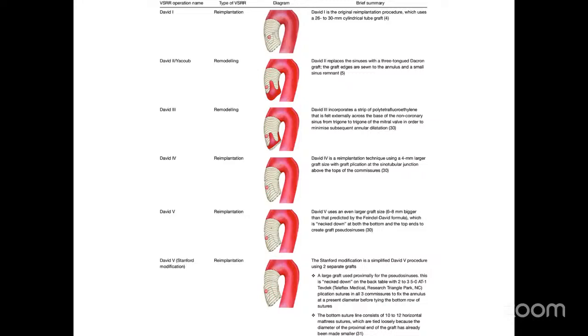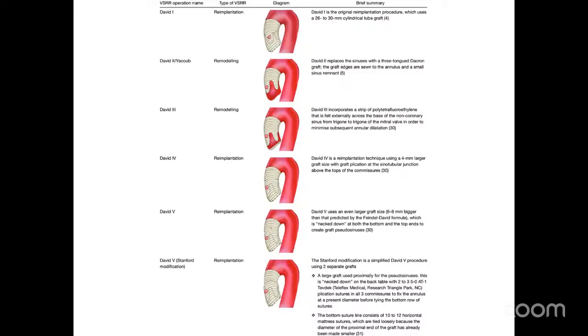David 5 is the reimplantation that uses an even larger graft size than that predicted by the Feindel-David formula, which is necked down at both the bottom and the top ends to create graft pseudosinuses. As you can see, the proximal and distal portions of the graft are different in size.